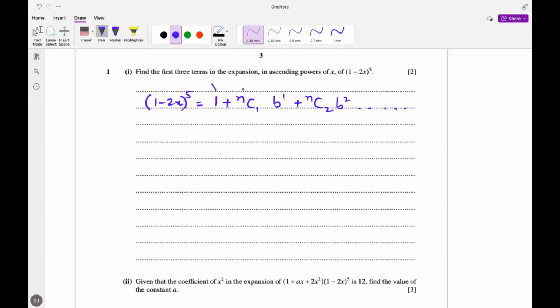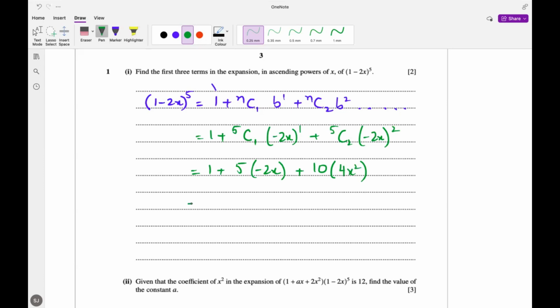So the first three terms will be 1, nC1 b^1 and nC2 b^2. 5C1 (−2x)^1 + 5C2 (−2x)^2. 5C1 is 5 times −2x, which is −10x, plus 40x squared.